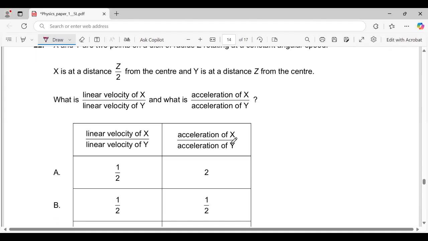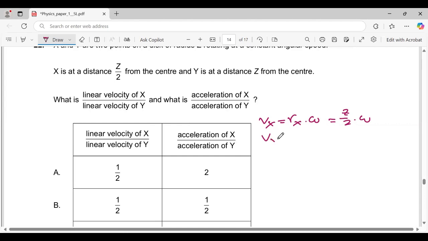Okay, for linear velocity, V equals r omega, where r is the radial distance and omega is the angular velocity. So V of X equals Z over 2 times omega, because r of X is Z over 2.